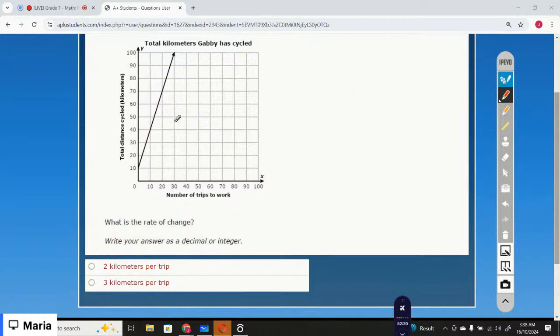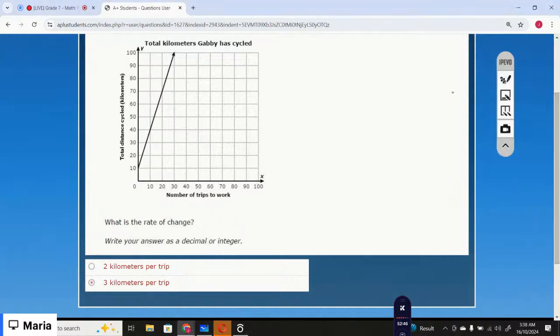You have to select any 2 points on the graph like this, right? Just join these points and make a triangle, that is 1, 2, 3 over 1. So change in y is 3 and change in x is 1. So that means the slope of the graph is 3 kilometers per trip. Option number 2 is the correct option.